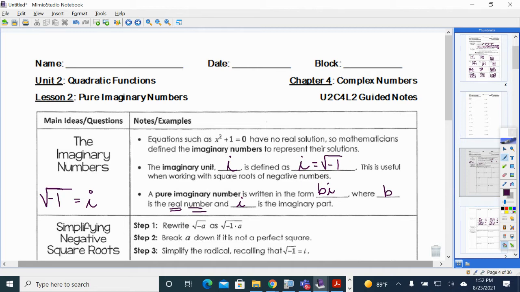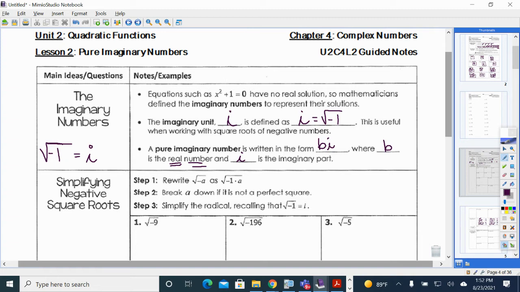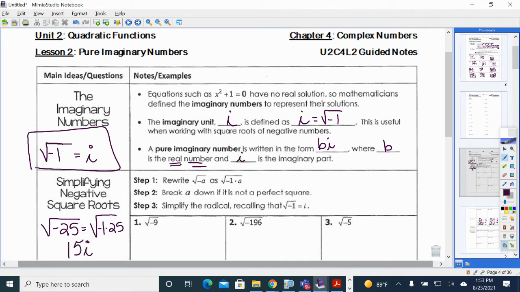As we get down to some of the examples, you're going to see what happens to give us something like that. When I had the square root of negative 25, we can rewrite that as the square root of negative 1 times 25. So the square root of negative 1, by definition, is an i, and then we know that the square root of 25 is a whole 5. So that's where that 5i comes from.